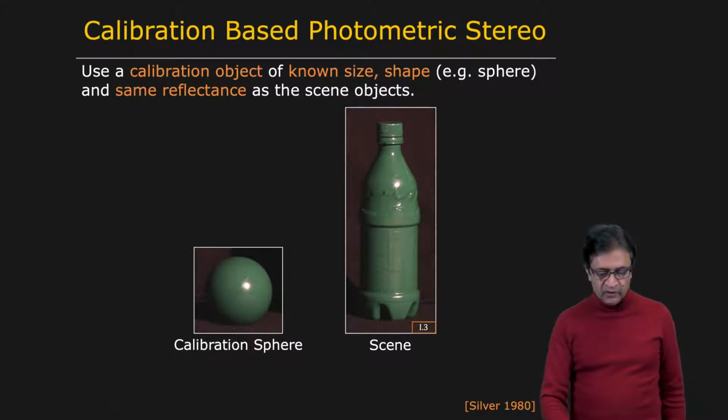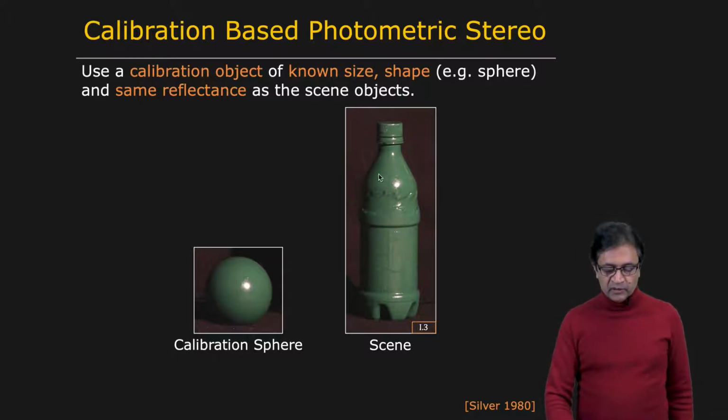So here you see an object right here, and it is painted with some kind of paint, a spray paint, and we don't know the BRDF of this material. So what we do is we create another object, which we'll call the calibration sphere. Sphere is a good object to use for this, and we spray it with the same paint, so you get this. So now we know that these two objects have the same reflectance properties.